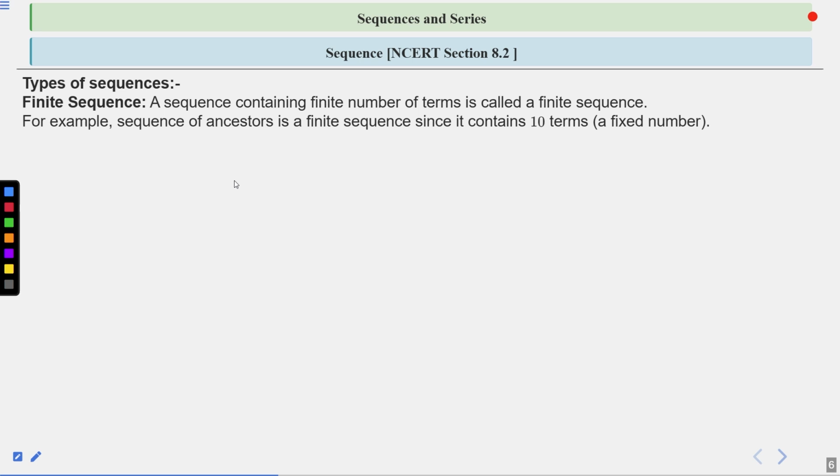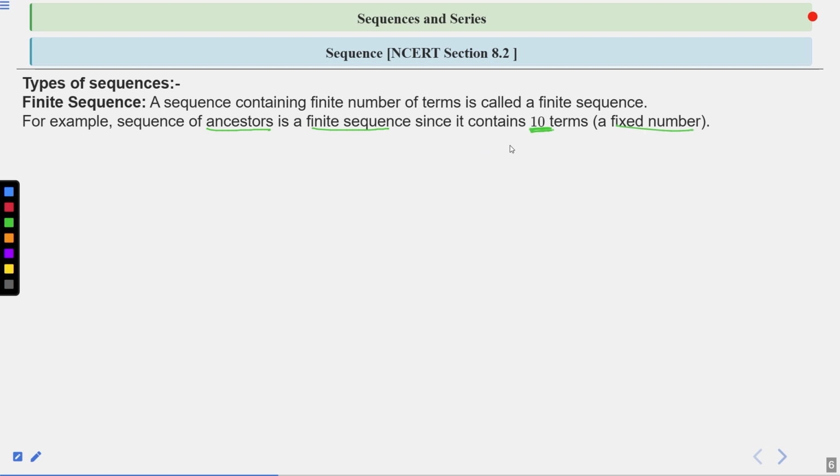For example, we have seen in the previous example the sequence of ancestors, which is a finite sequence since it contains 10 terms. How many? 10 terms. Yes, a fixed number.